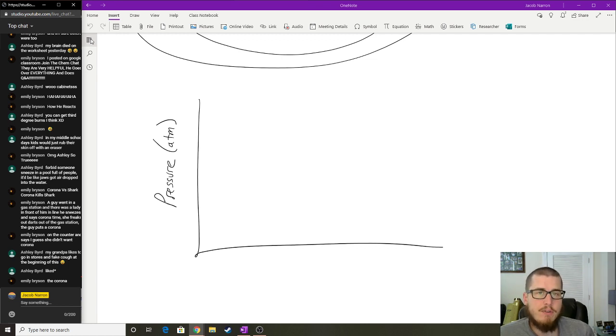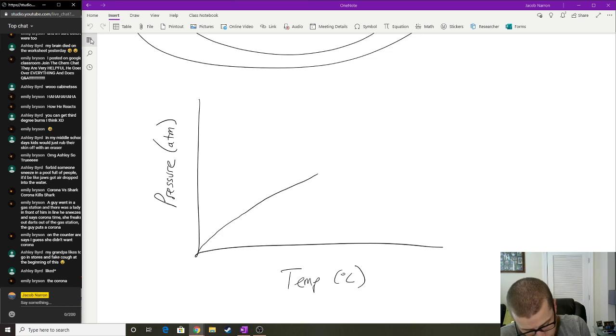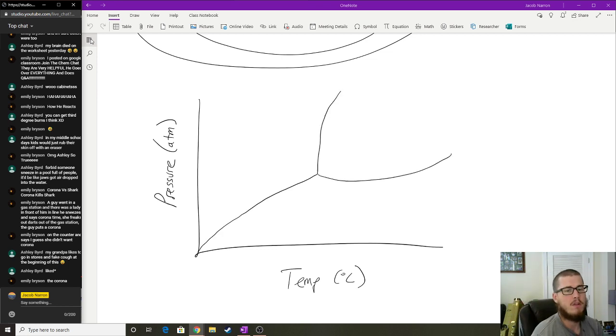If you're at sea level, guess how much pressure you have acting on you? 1 atmosphere's worth, because there's 1 atmosphere of air above you. Down here, we're going to put temperature, measured in degrees Celsius, because it's science class. And when you're looking at these PT diagrams, this is usually what they'll look like, something like this.